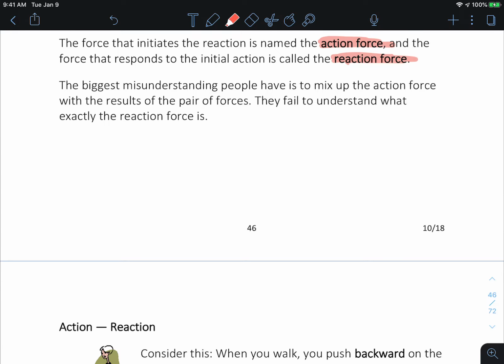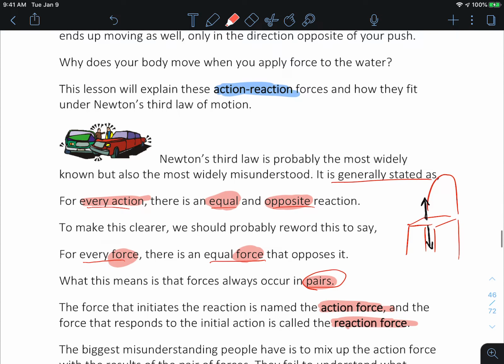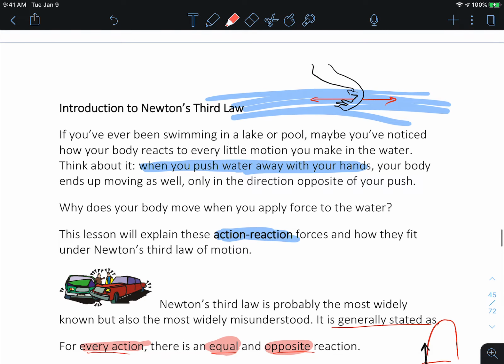So even when we talk about this, when we go back to the movement example where we're swimming, in the case of swimming, your body is exerting a force here, and the water is going to respond. But then we have to add in a couple of other forces like drag and friction, and the body moving through the water. You don't get a direct experience.